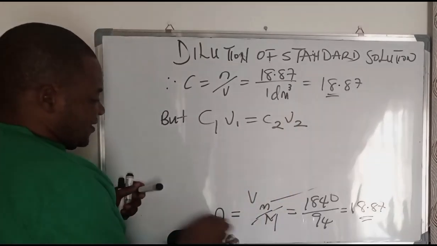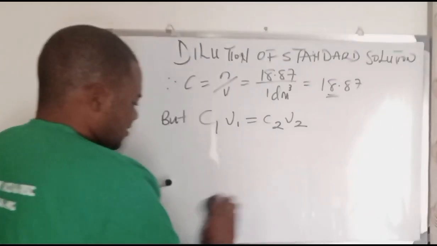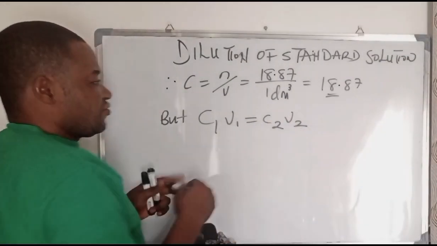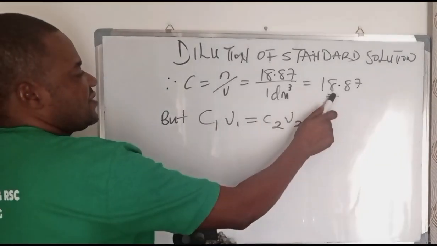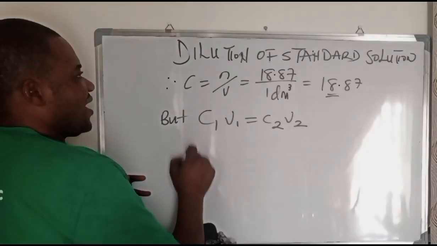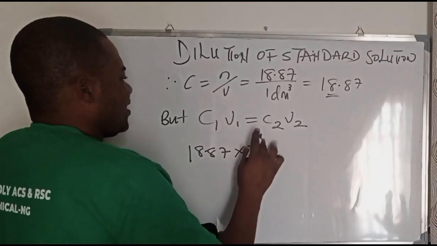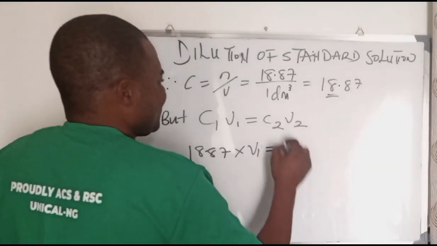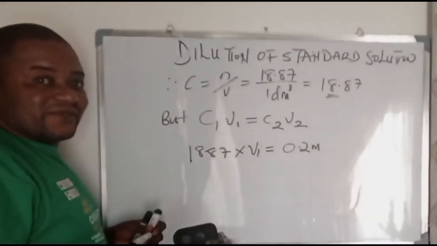You are familiar with this because this is, of course, the initial concentration, initial volume, and the final volume and final concentration. In this case, your C1 is, of course, this concentration that you have calculated. So that means you have 18.87 times your volume, which is V1, and that is the volume we are looking for. While C2 is 0.2 molar, which is what you're supposed to dilute.